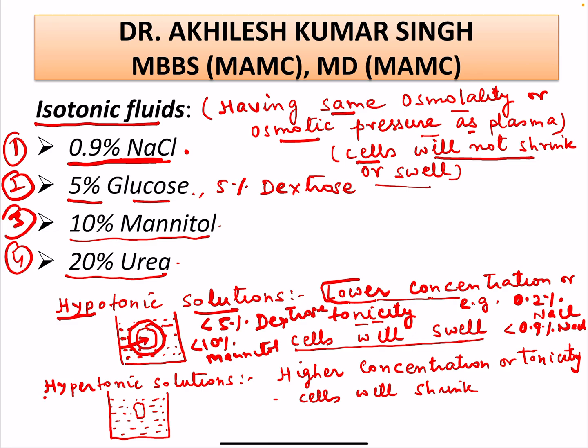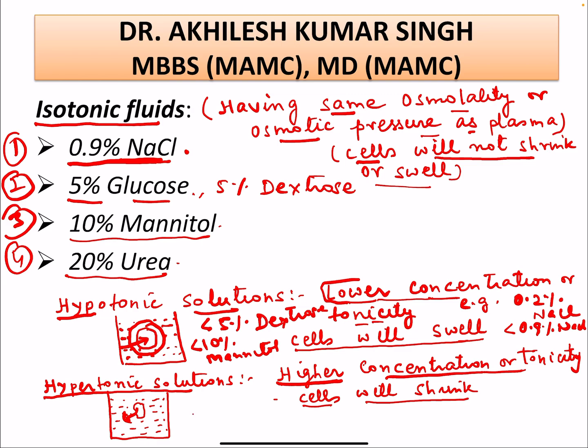Then what are the hypertonic solutions? Hypertonic solutions are those solutions whose concentration or tonicity is higher than the isotonic fluids. If we put the cells in the hypertonic solution, the water will move out from the cells and the cells will shrink. So cells will shrink if they are kept in the hypertonic solution.